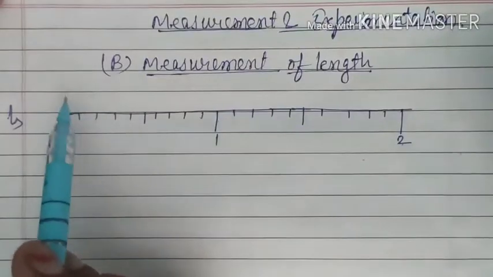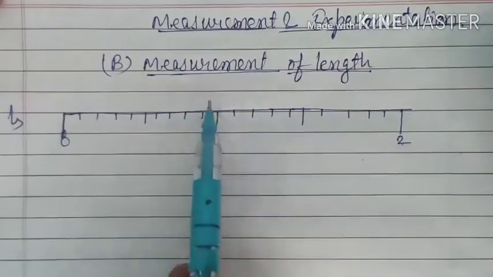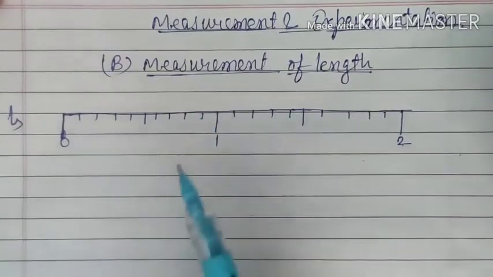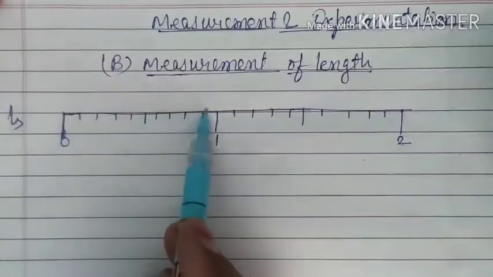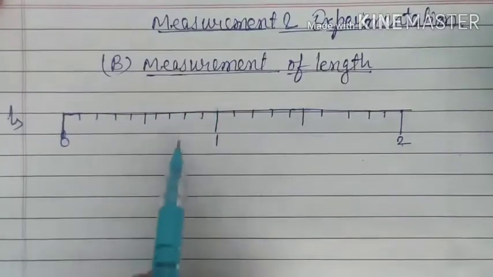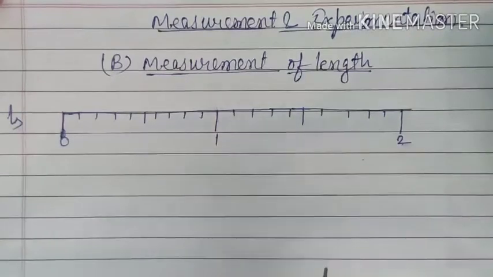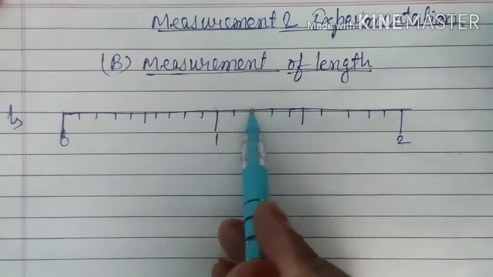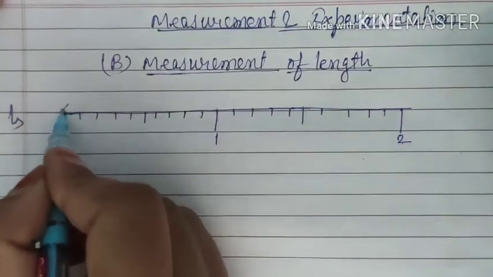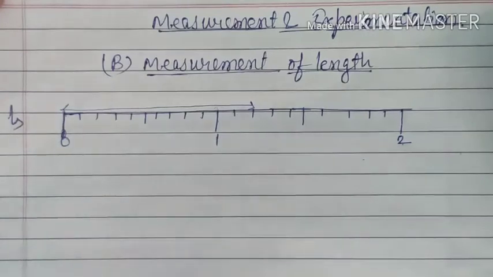So if you want to measure a length of 1 centimeter, then the object whose length you are measuring should start from here and end at this point. Then you will say it's 1 centimeter, 2 centimeter, 3 centimeter likewise. But what if it lies somewhere in between, suppose up to here? Suppose a thread was there and it's measuring up to here. Then what will you say? What is the measurement?